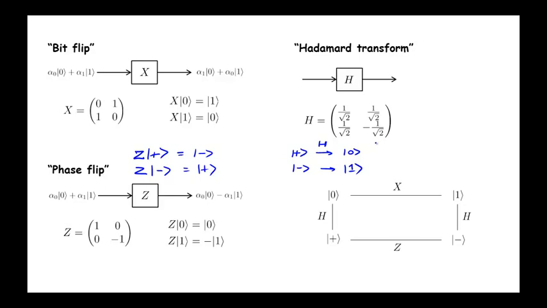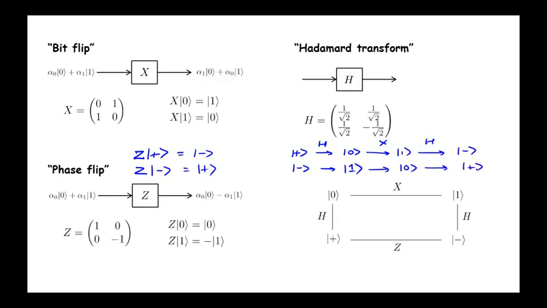So if we now apply an X gate, then 0 gets transformed to 1 and 1 gets transformed to 0. And now if we apply a Hadamard again, we transform 1 to minus and 0 to plus.